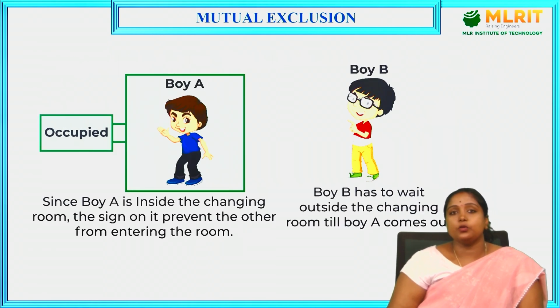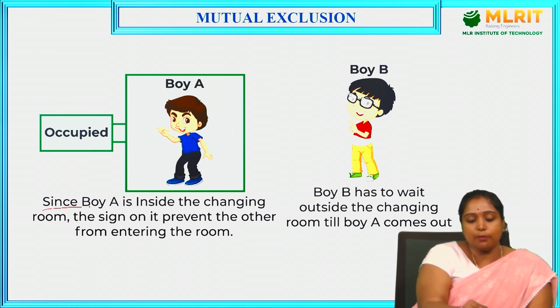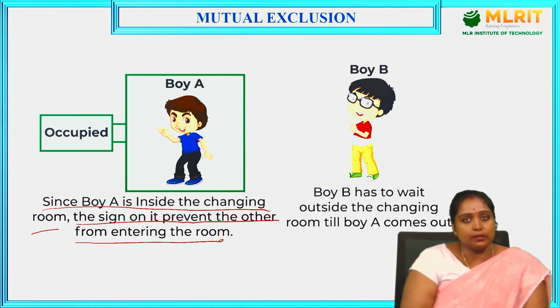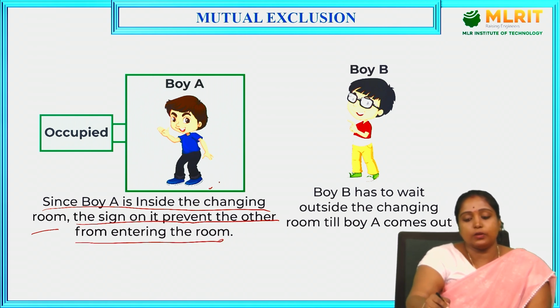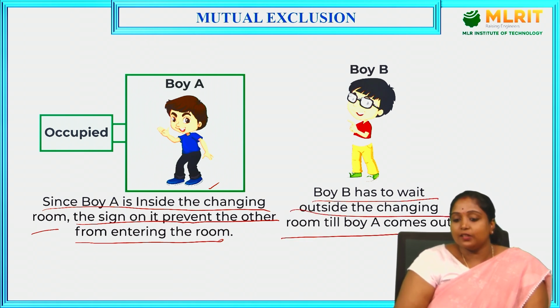Coming to mutual exclusion, what is it? Since a boy is inside the changing room, the sign on it prevents others from entering the room, isn't it? One is in the changing room, so it is occupied. The boy B has to wait outside the changing room till the boy A comes out. This is the process of mutual exclusion.